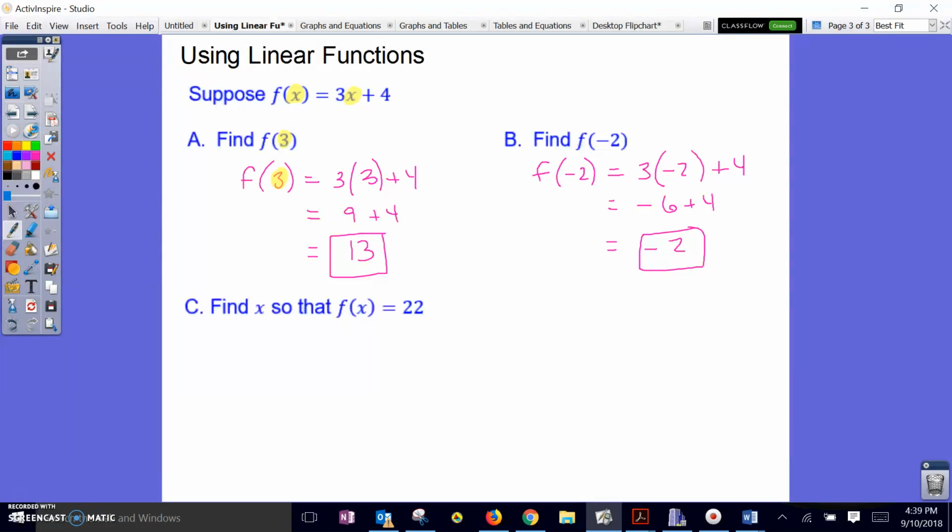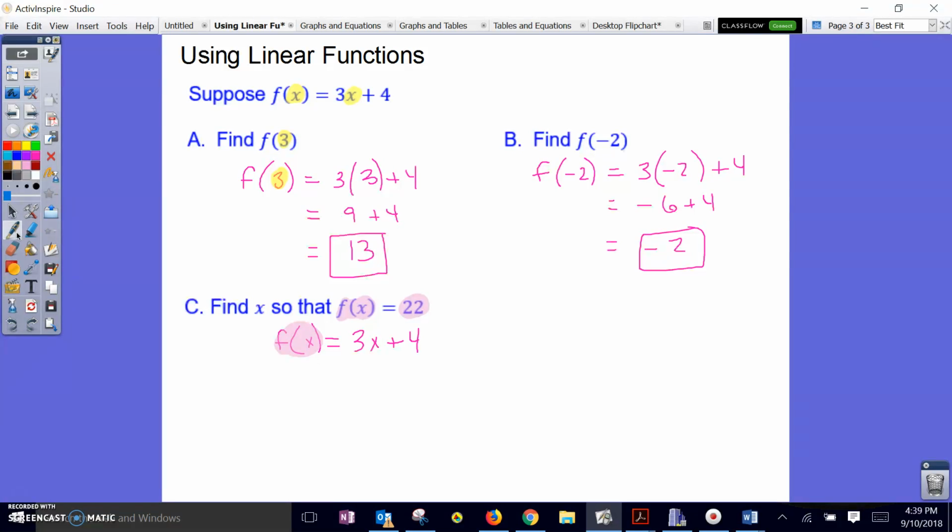The last part here, we kind of flip it on its ear. We're told that we want to find x so that f of x is equal to 22. And so when we take this function, instead of replacing x everywhere in the function, like we did in the first two examples, what we're going to do is replace f of x with 22.